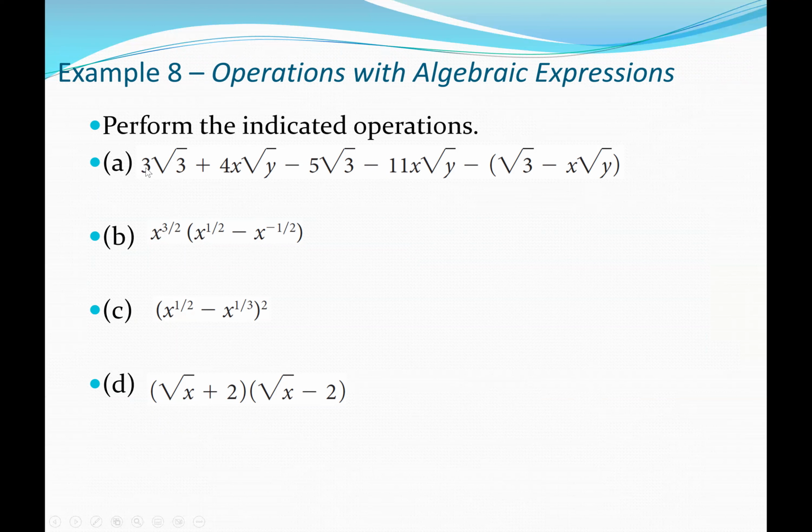So first we have 3 times square root of 3 plus 4x square root of y minus 5 square root of 3 minus 11x square root of y minus square root of 3 minus x square root of y.